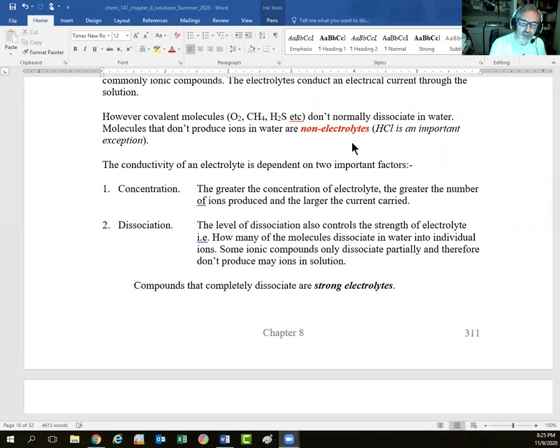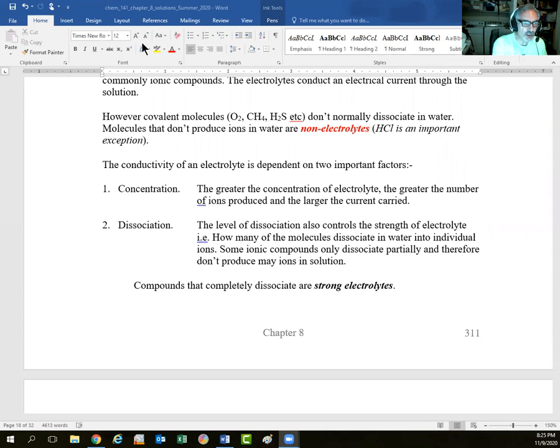Now, there are occasionally exceptions to that rule amongst covalent compounds, usually compounds which have really polar covalent bonds, like hydrochloric acid. And most of our acids, which we term as molecular acids, do dissociate, do break up in this way to produce ions.